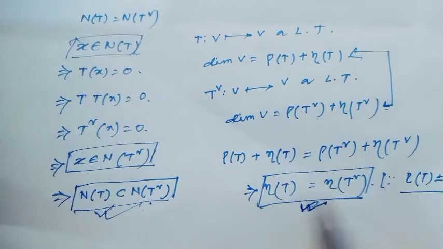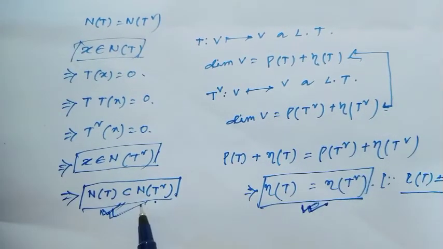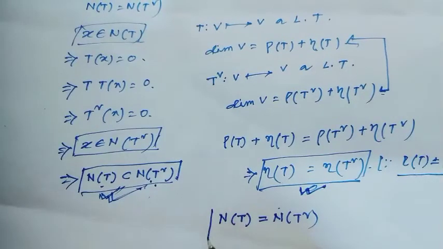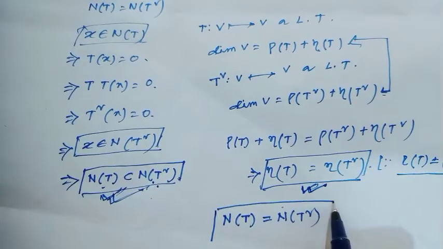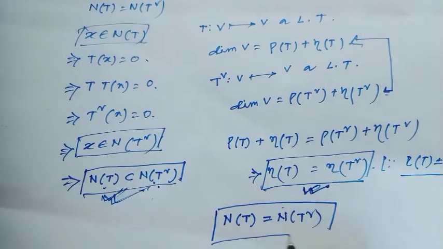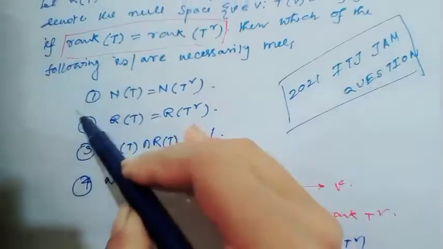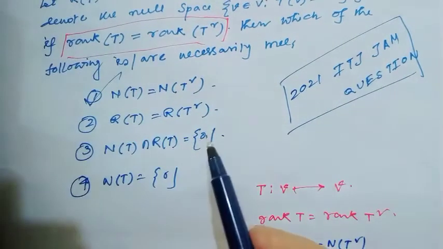Since both dimensions are equal and this is contained in this, obviously null space of this linear transformation T is equal to null space of the linear transformation T square. So obviously option 1 is the right option.